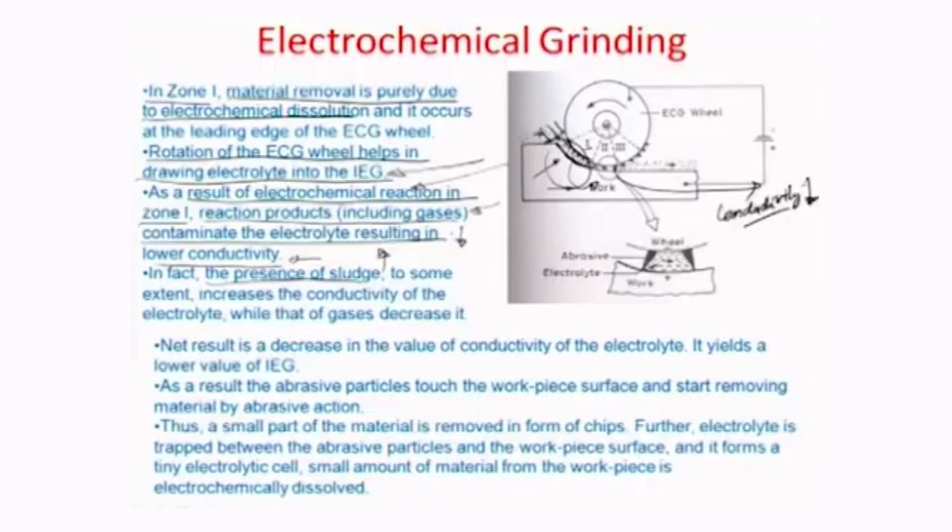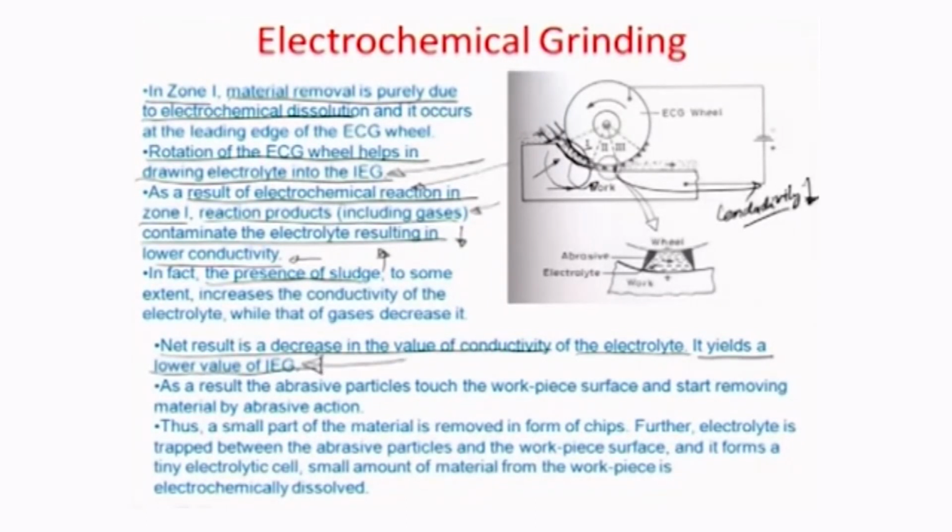The net result is an overall decrease in the conductivity of the electrolyte, because gases are emanated and dissolved into the electrolyte much faster than the debris dissolves, which is solid and limited by diffusion kinetics. Therefore, it yields a lower value of equilibrium gap.